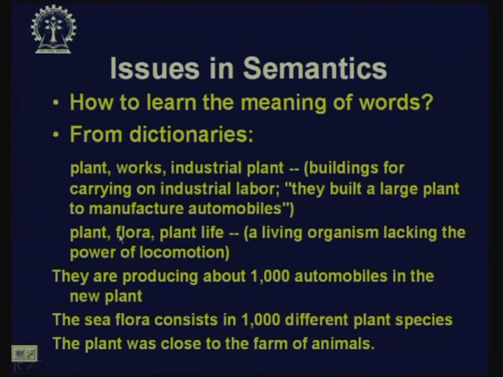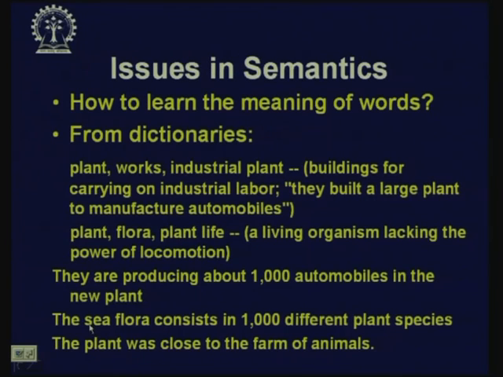Now, when we state a sentence, they are producing about 1000 automobiles in the new plant, then which one of these meanings would my system choose? I have to resolve that. Since I am talking of automobiles, which require industrial labor and a large plant, obviously this new plant means an industrial plant where cars are being manufactured. I will obviously not interpret it as a plant in the form of a small tree.